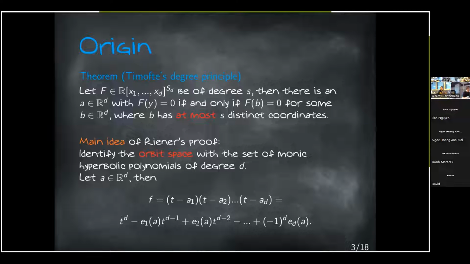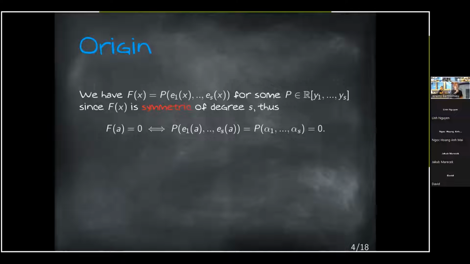So that's the main idea behind the proof, which goes as follows. Since f is symmetric, we can express it as a polynomial in terms of the elementary symmetric polynomials. And since it's of degree s, we just need the first s elementary symmetric polynomials, because the rest have too high a degree.